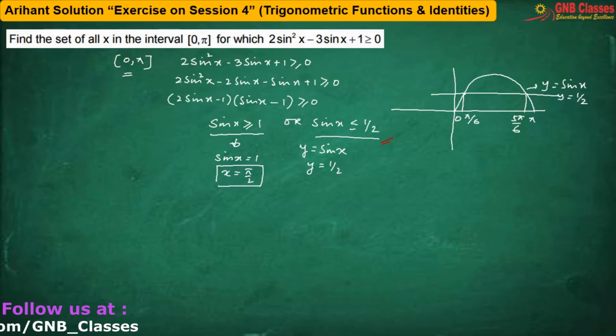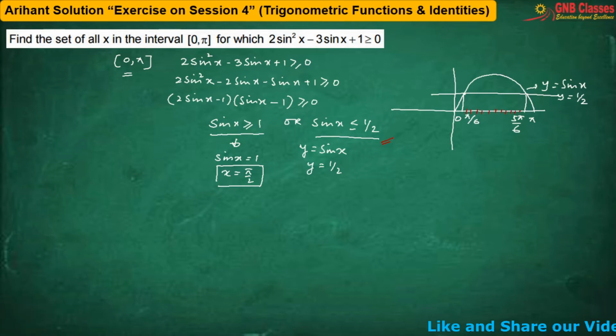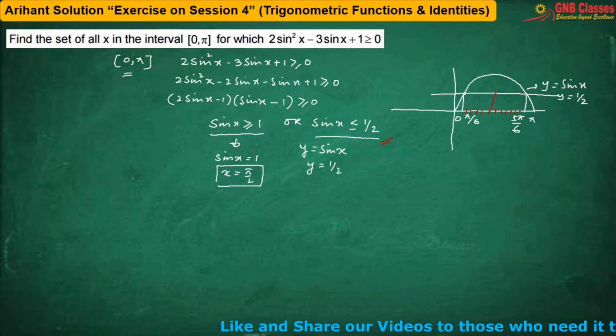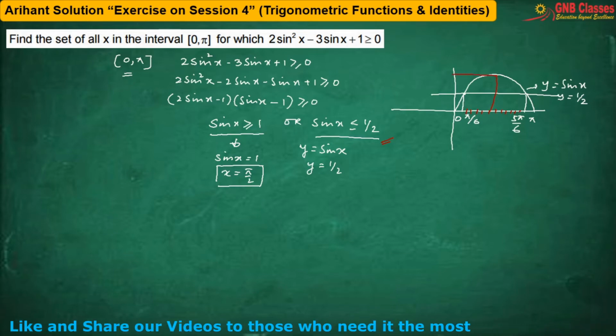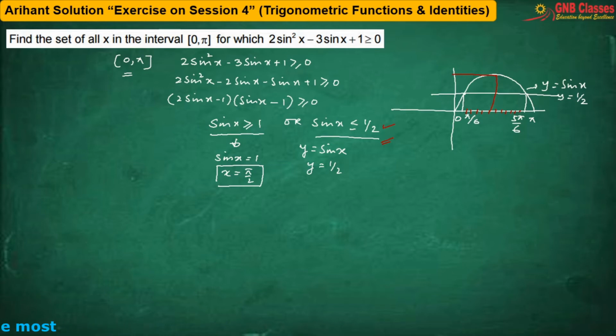Now you observe, they have said that sine x will be less than equals to half. Now, any region you choose between pi by 6 and 5 pi by 6, anywhere, the corresponding value of sine x will be more than half. Therefore, to satisfy this inequation, your x must belong to 0 to pi by 6 or 5 pi by 6 to pi.